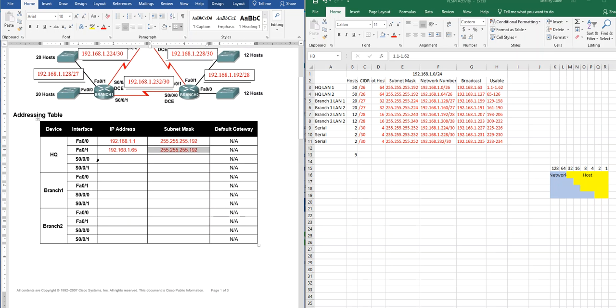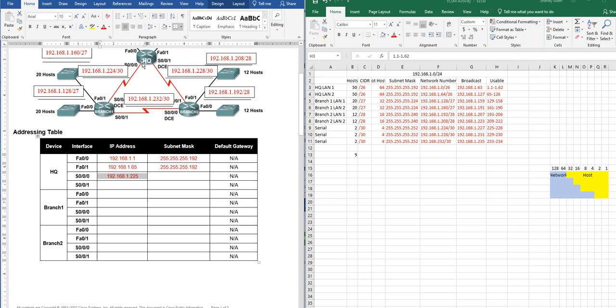So that means it would go here, either 225. So the first network number is 225. That means this will be 225 here, 226 here, okay, on the 224 LAN. And you would just follow your instructions to complete the remaining part.